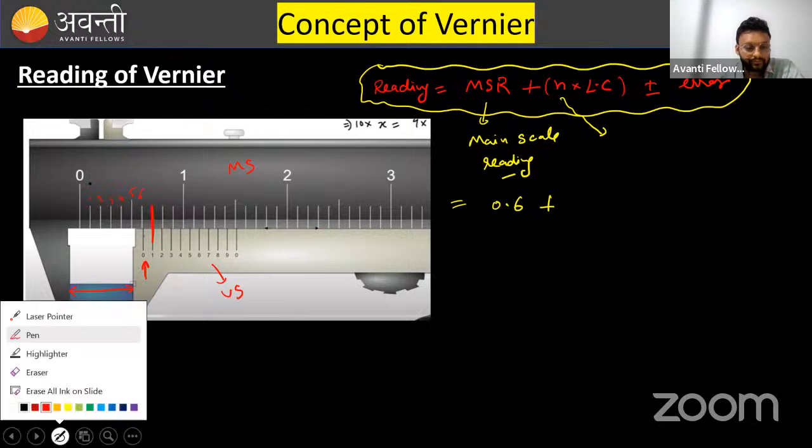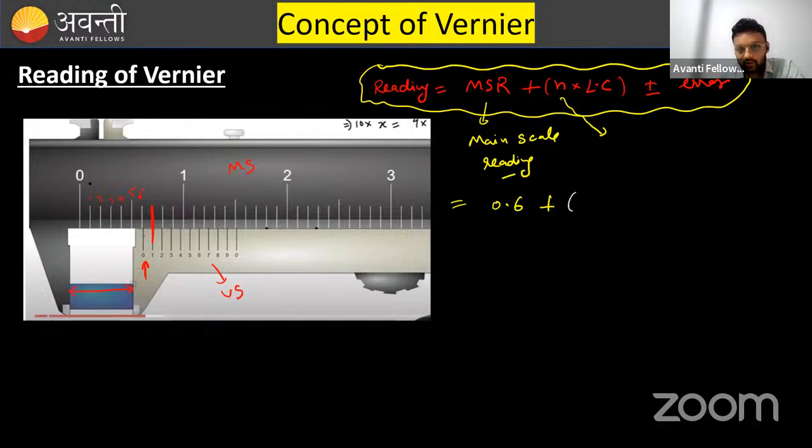Put the values: 1, and the least count we calculated is 0.01. And there was no error in the question, so it is 0. So this is going to be your reading.